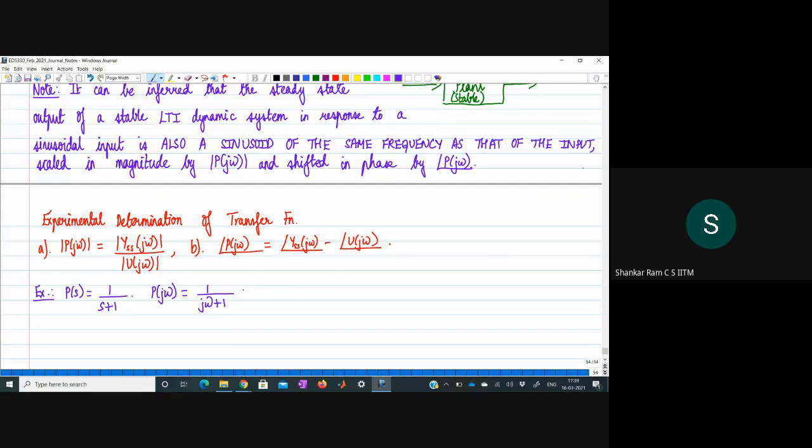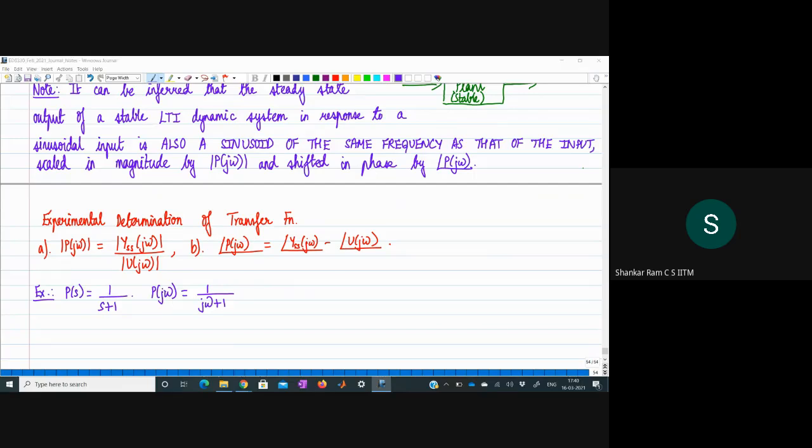We could find the magnitude and phase from here itself. If you have a ratio of complex functions, the magnitude of that ratio is the ratio of the individual magnitudes, and the phase of the transfer function is the algebraic sum of the individual phases.